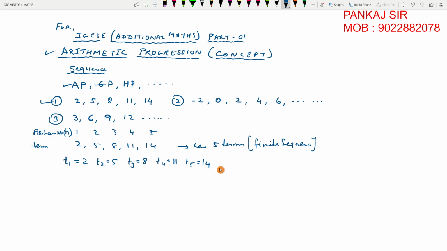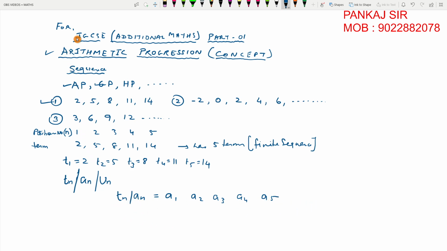Okay. And in general, it can be written as Tn. Many books write this as Tn. In some books, they denote it by An. In some books, they denote it by Un. So different notations are used for these sequences. Okay. So you can say that Tn or An is a sequence A1, A2, A3, A4, and A5. This is in general either T1 or A1.